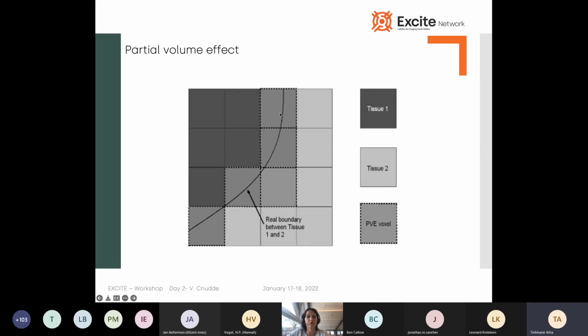So the more you have your tissue 1 present, or the more you have your grain, for instance, it will be a little bit darker. The lesser the content of tissue 1, it will be a bit brighter.